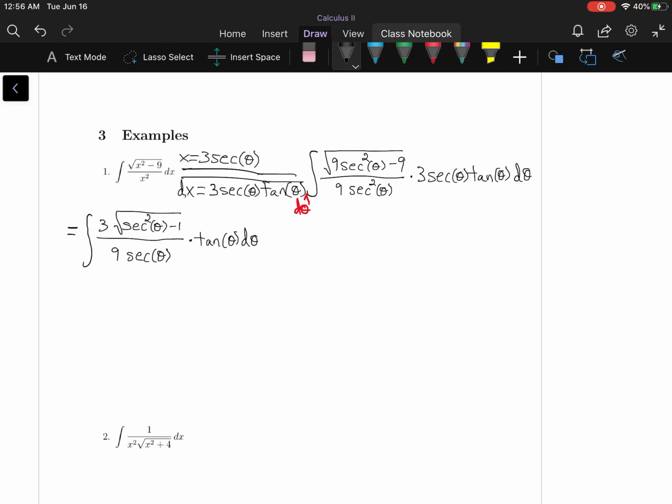And now I look at that secant squared theta minus 1, and I realize that comes from an identity. That is going to be tan squared theta.